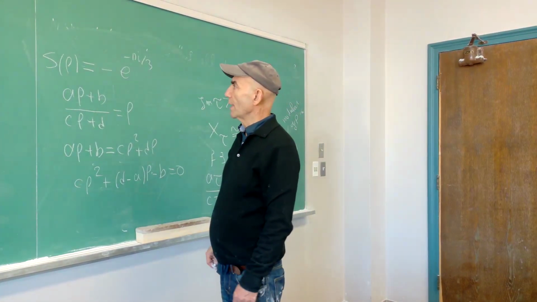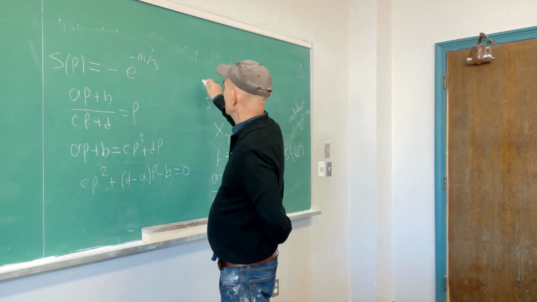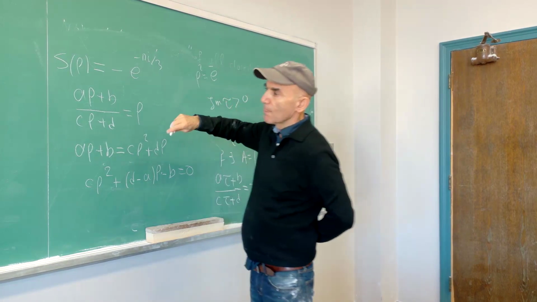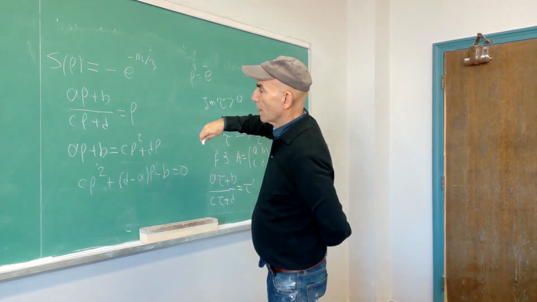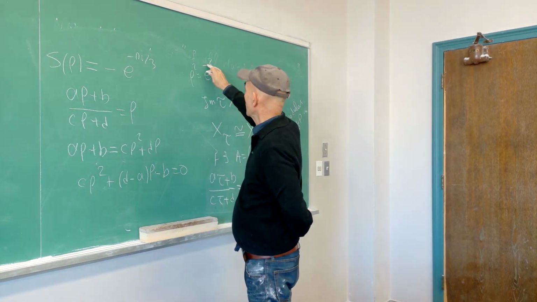But what is rho squared now? Rho squared is e to the negative 2 pi i over 3, that thing.